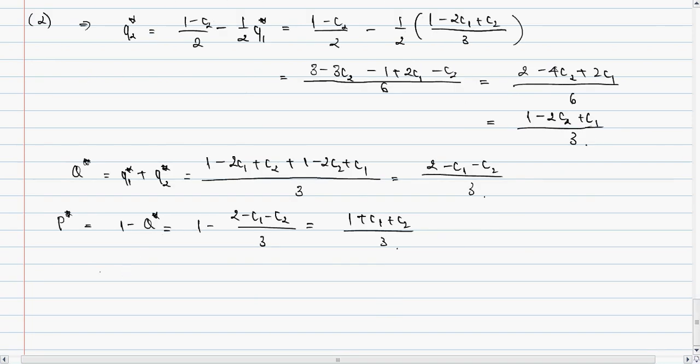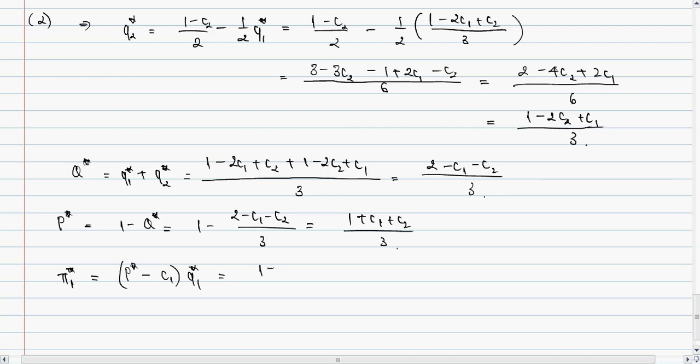The firm profit. So we want to find the profit for each of the firms. So the profit for firm 1 will be equal to the price minus the average cost for the first firm, which is basically C1, and multiplied by Q1 star.